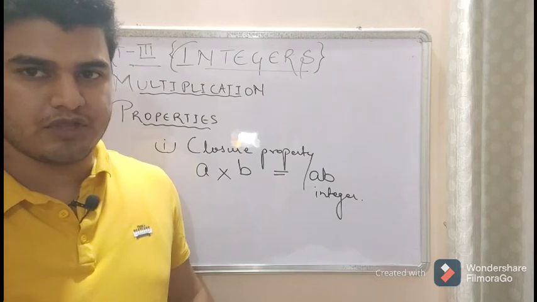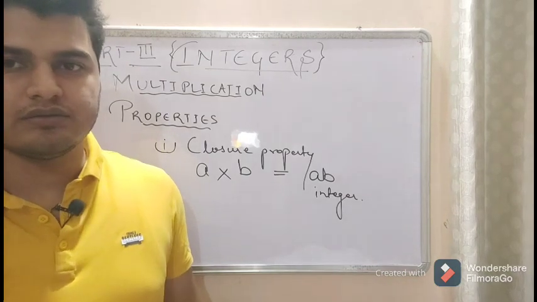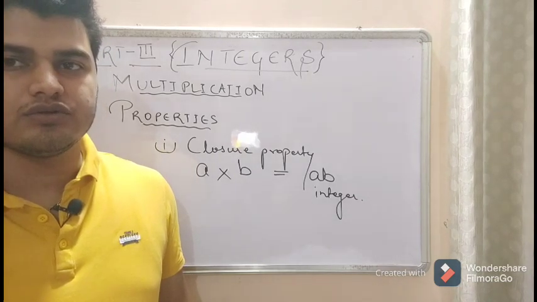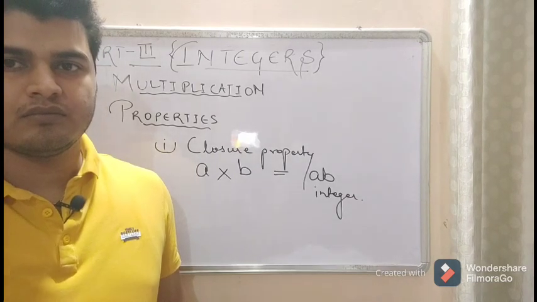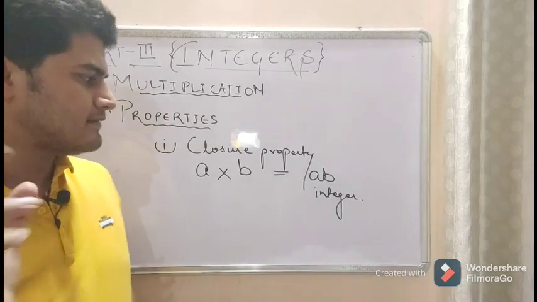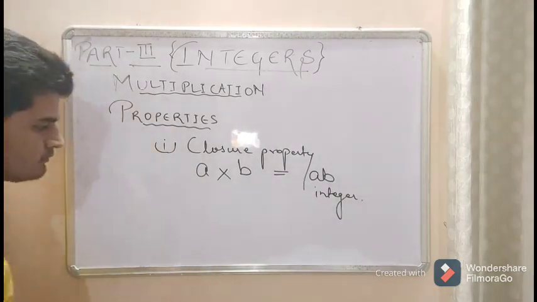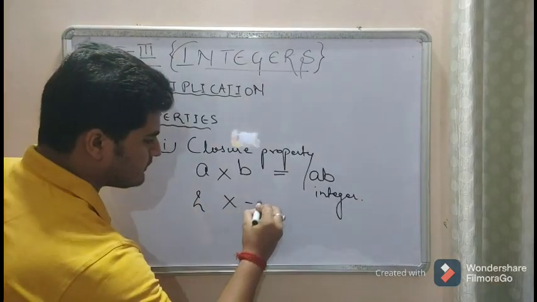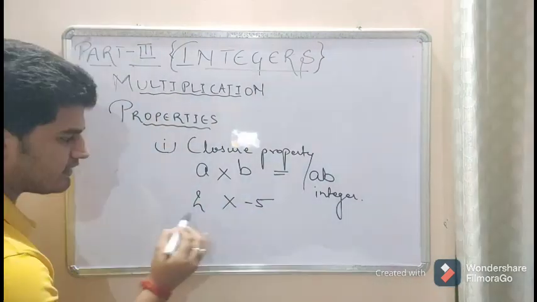Very simple. So please, you can note it down. I have given you in detail in your notes also, so you can note it from there also. Let us see this by an example. Let us take 2 and minus 5. Both are integers.